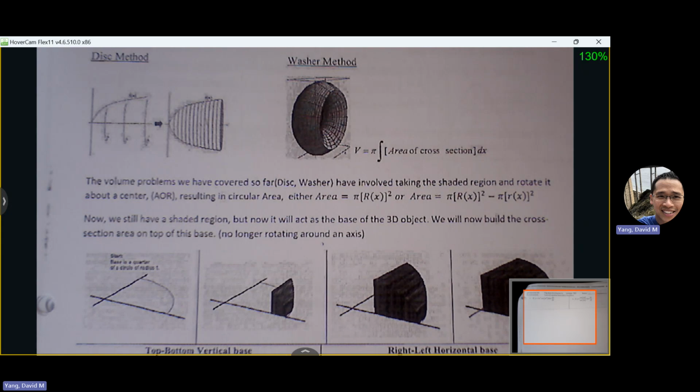So what if we were to add infinite numbers of squares on top of a base, or infinite numbers of triangles, or rectangles, or semicircles? There's not going to be any names for these shapes, and we're not going to have to worry about recognizing them in terms of visualizing them. We should be able to get enough information to put into the formula and then spit out the volume. Okay.